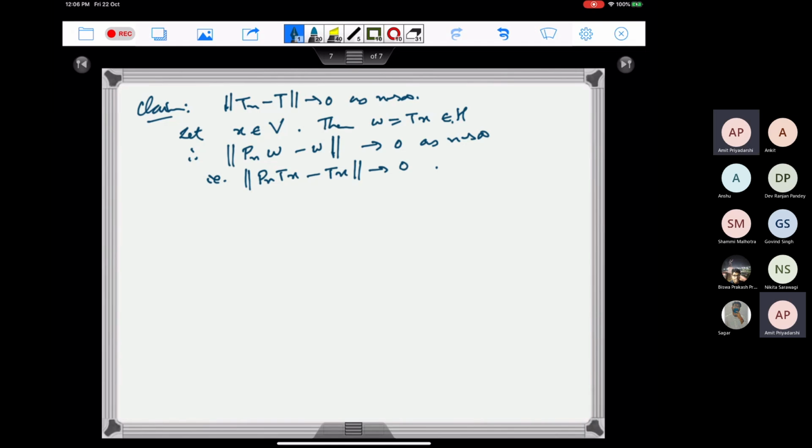So this is the same thing as Tn x minus Tx. This is going to 0 as n goes to infinity. What we have to show is that the norm of Tn minus T goes to 0. So we have to use the compactness of T.